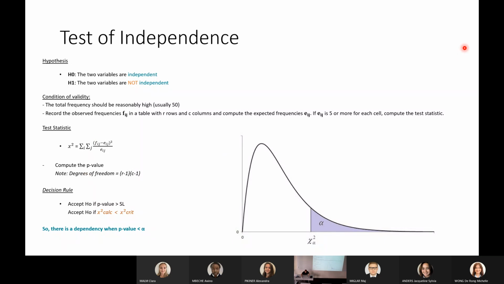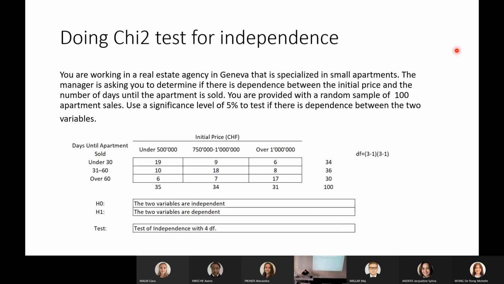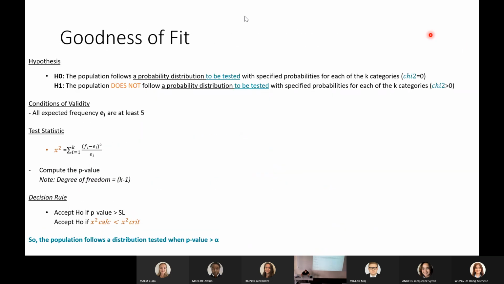And then we will follow some basic steps. I prepared an example. This one is just for goodness of fit. The only thing you need to know about the goodness of fit is the H0 and H1, right? H0 is that the population follows a probability distribution to be tested, and H1 is that it doesn't follow a probability distribution.